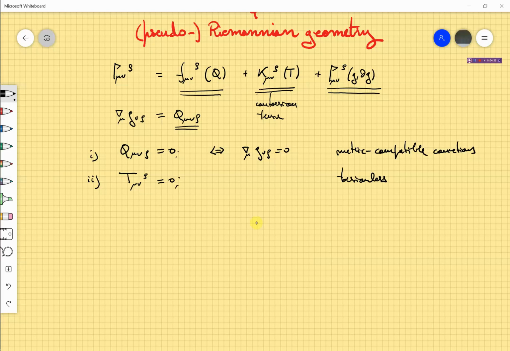The resulting connection, which satisfies these two conditions, is the Levi-Civita connection. And since it depends only on the metric, it fits perfectly within the Riemannian or pseudo-Riemannian geometry. So this is the connection that appears in general pseudo-Riemannian geometry.